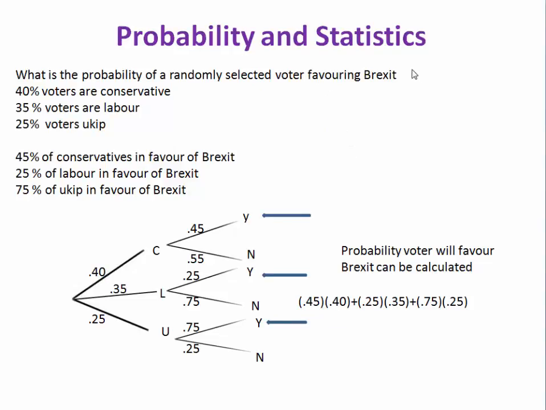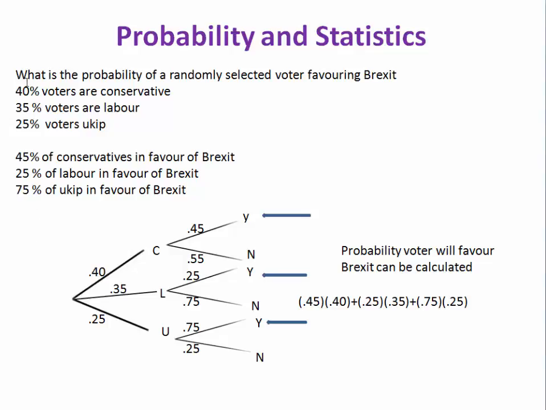Probability and statistics, how we can use probability. What is the probability of a randomly selected voter favouring Brexit, which is leaving the European Union? The Conservatives are 40% of voters, 35% are Labour, 25% are UKIP. Notice that this adds up to 100%.